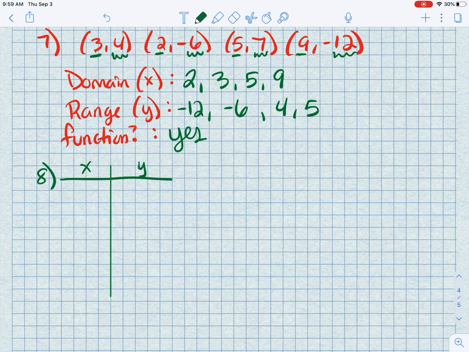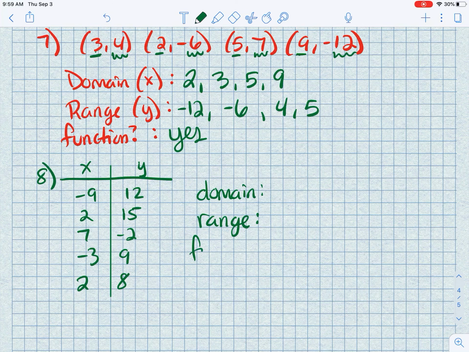Okay, so here's our x, here's our y's. So we have -9, 12, 2, 15, 7, -2, -3, 9, and 2, 8. Okay, so we have domain, range, and then is it a function?